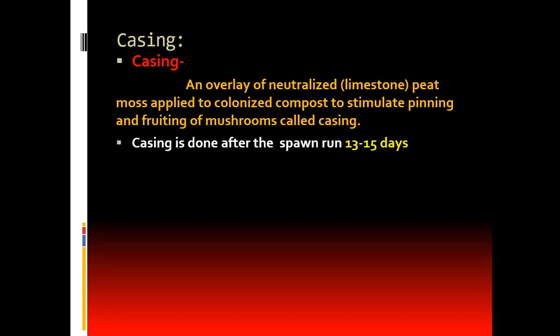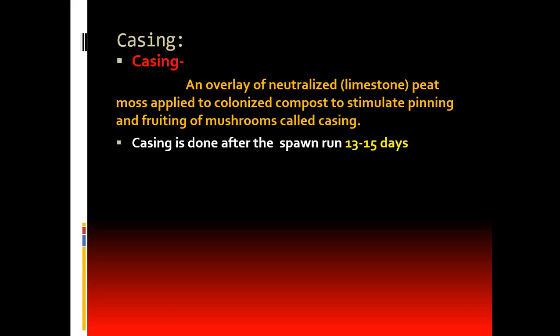Overlay means the covering on that surface of the neutralized, neutralized means having a neutral pH, limestone and peat moss applied to the colonized compost to stimulate pinning and fruiting of mushroom, called casing. It means we are taking moss or peat moss, or a mixture of soil and limestone for neutralizing. Okay, this is the mixture of three things.